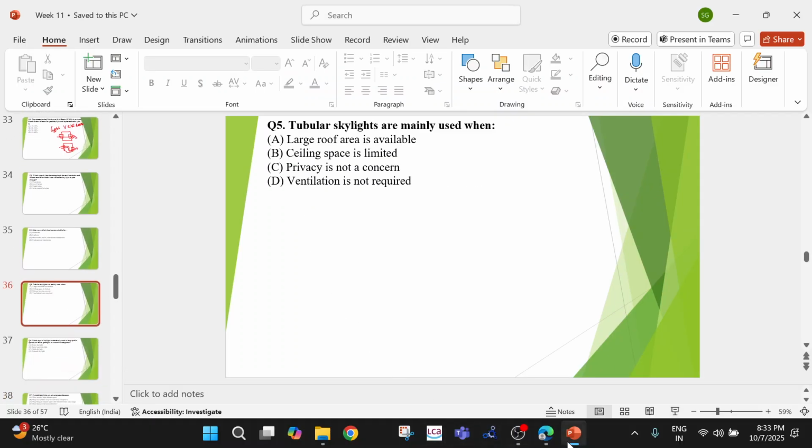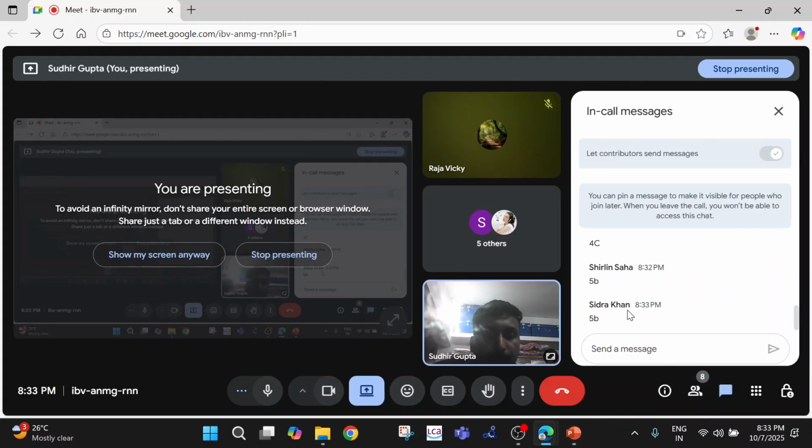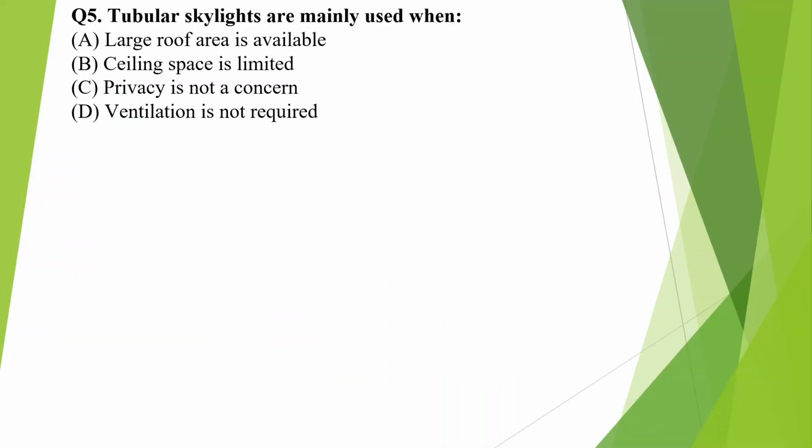Let me see. Sunil has answered it first. It's B. Sidra also answered B. Others are not confident about the answer, so let me discuss them. Option B is the correct answer.